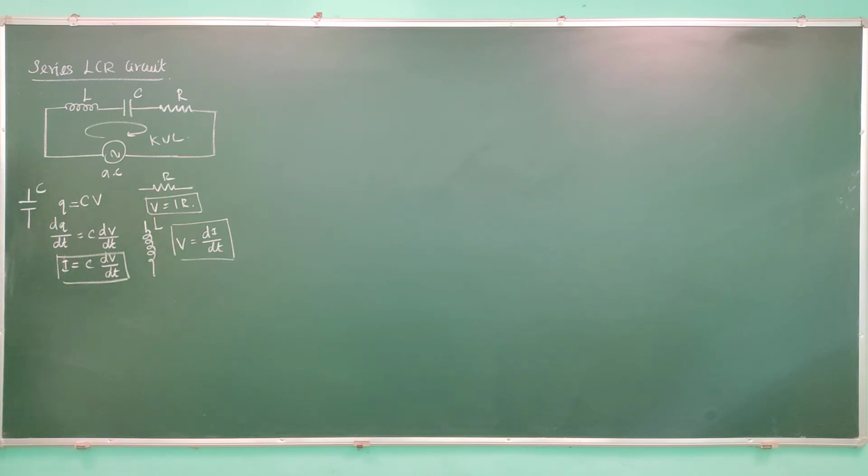Current law will be applied to a node, voltage law will be applied to a loop, right?